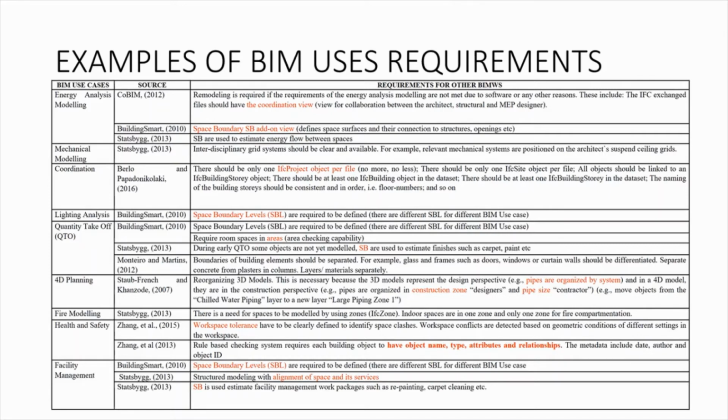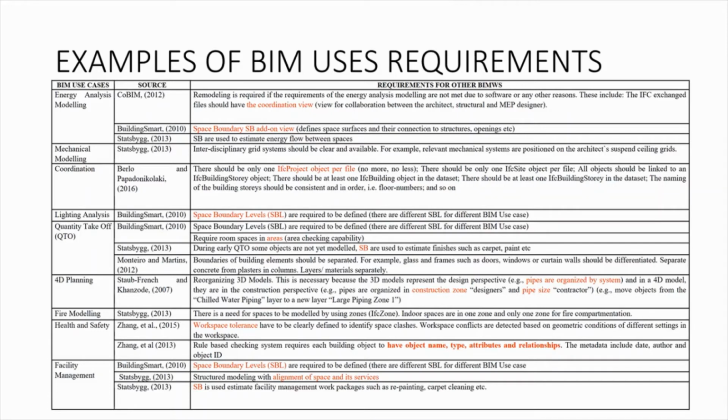The example I wanted to show is for 4D planning. The way some models are done by the designer is different from how they're done by the constructor. The designer might just have some pipes and organize them in a construction zone, and that's it. That's the designer's point of view.